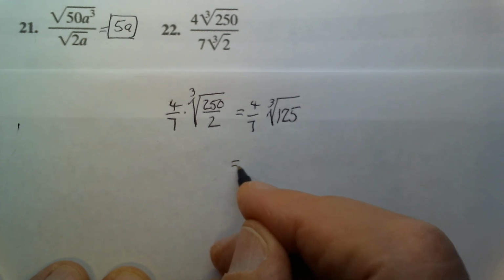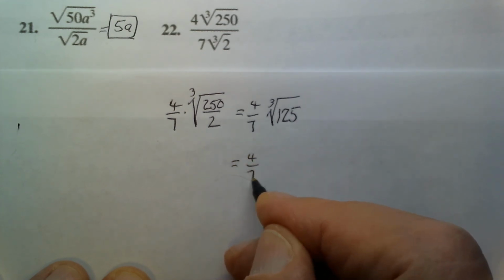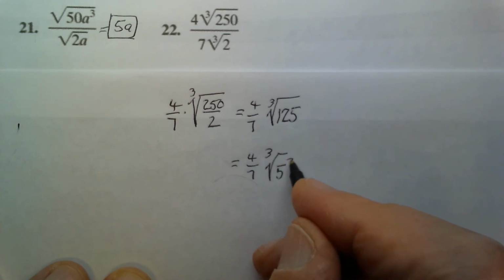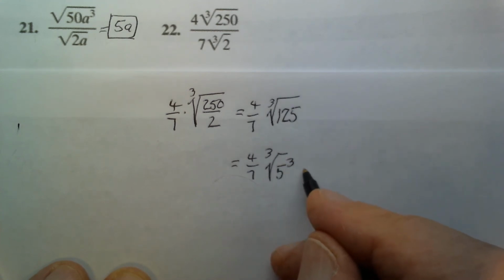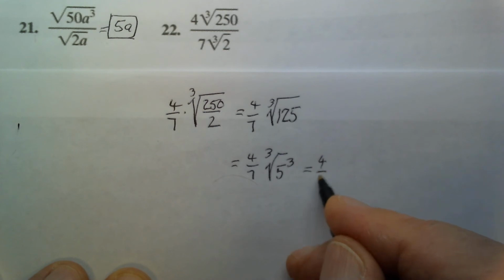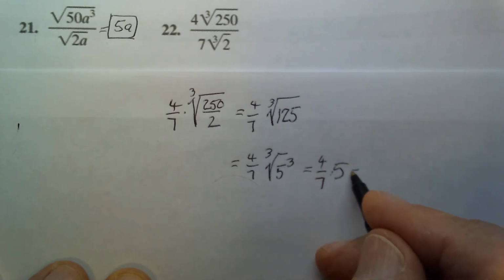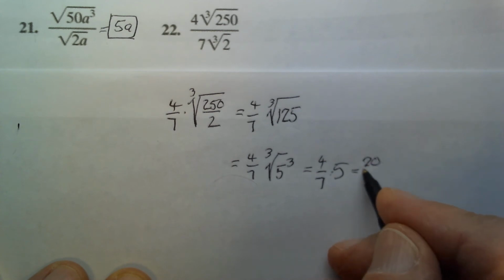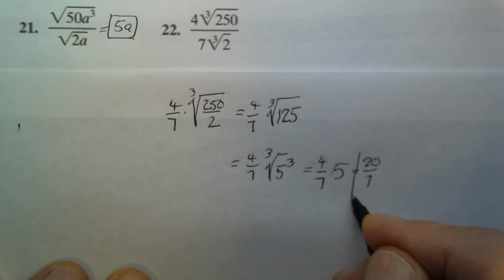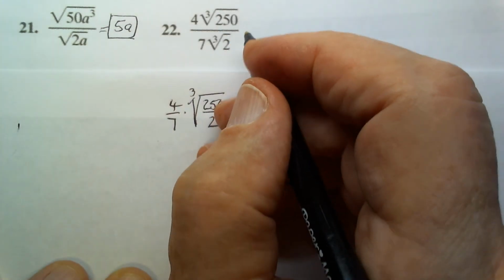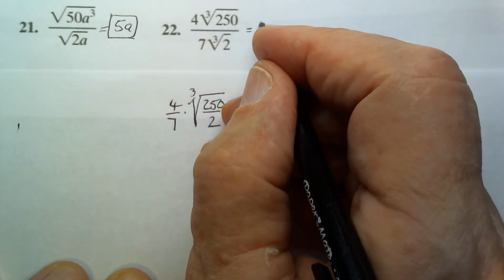That's equal to 4/7 times the third root of 5 to the third, and the third root of 5 to the third is 5. So then the answer is 5 times 4 is 27. So that's equal to 27.